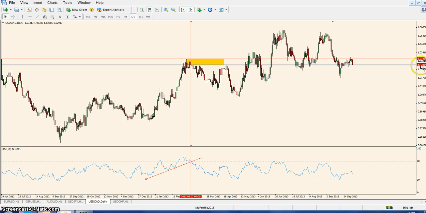Okay, so entry at 1.0288 and stop just above 1.0339, so roughly 52, 53 points of risk here. Okay, so that's the entry.